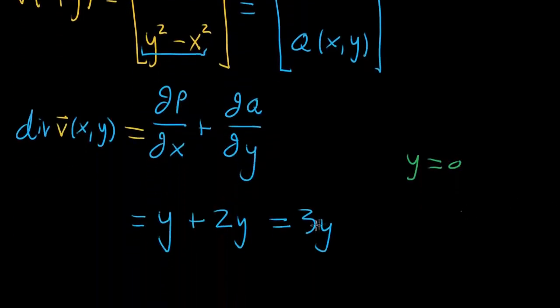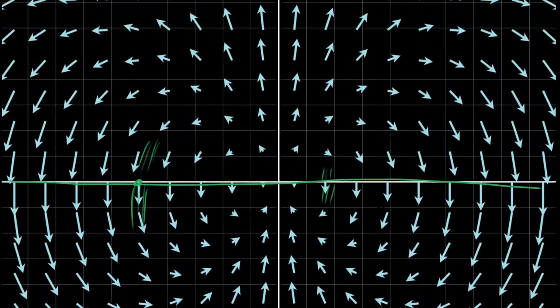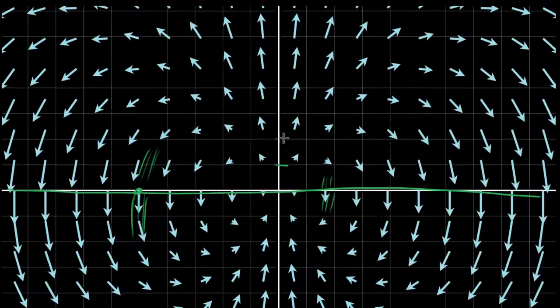Whereas, let's say we take a look at y equals 3. In this case, the divergence should equal 9. So we'd expect there to be positive divergence when y is positive. If we go up and y is equal to 1, 2, 3, and we look at a point around here and consider the region around it, you can see how the vectors leaving it seem to be bigger, so the fluid flowing out of this region is pretty rapid, whereas the fluid flowing into it is less rapid.